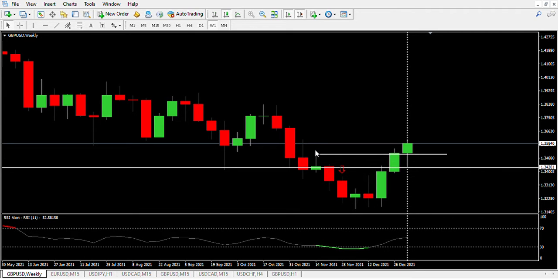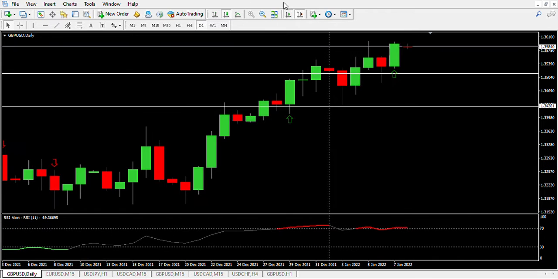This one shows me that price opened here, went all the way up and closed right here. So there is not an area of value here, but this candle will work really well. So that is where we are.